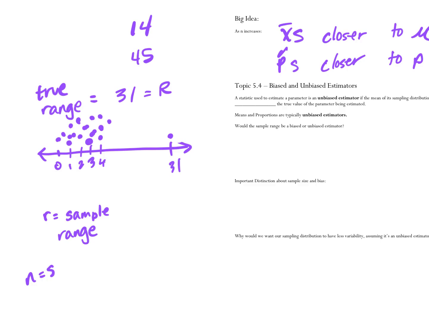Okay. Now, are you guys comfortable saying that the sample range is always probably a little bit smaller and at best equal to our population range? Are we comfortable with this idea? Okay.